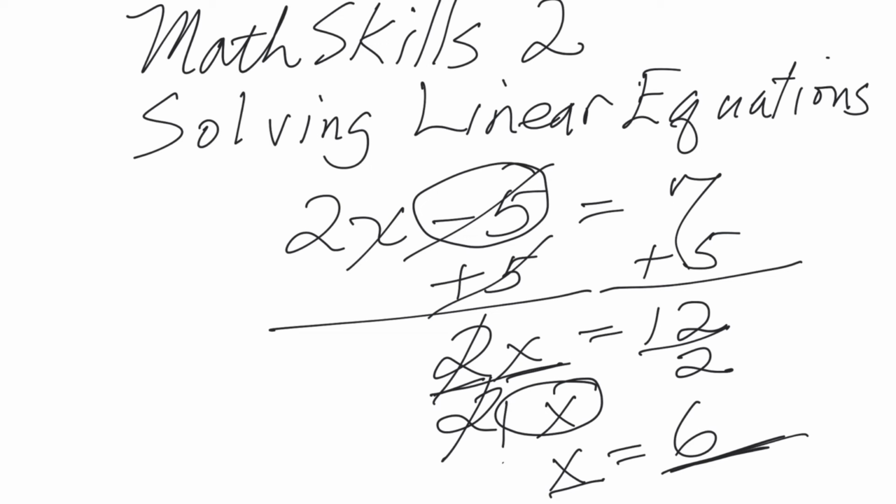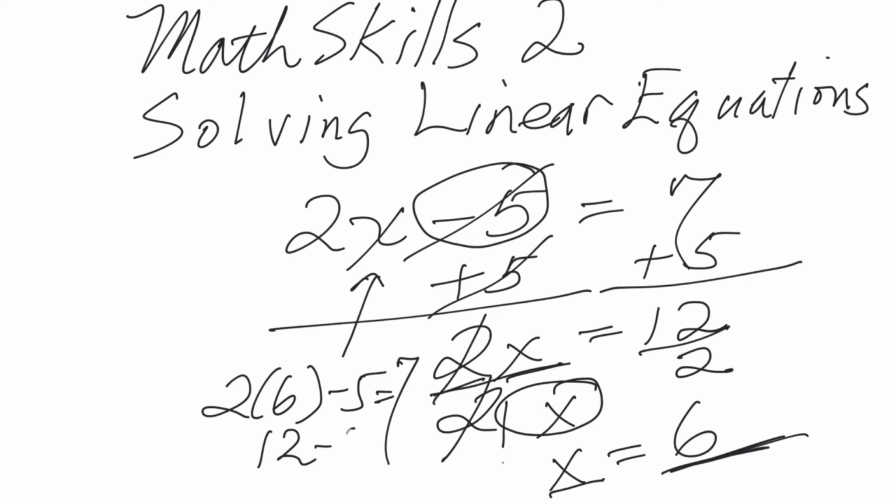All right, so replacing 6 into the original equation, you're going to have 2 times 6 minus 5 equals 7. 2 times 6 is 12. 12 minus 5 equals 7. And that's correct.